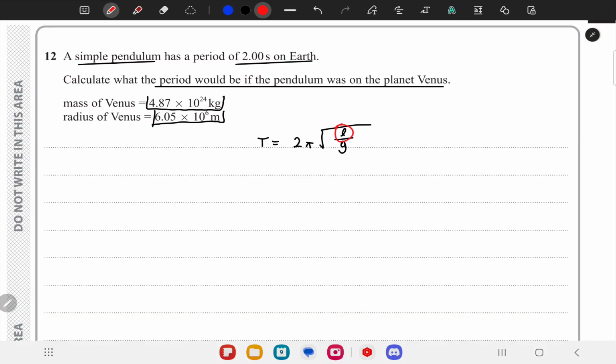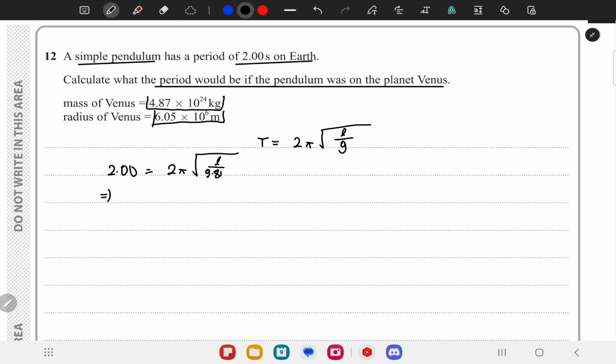Now we don't know the length at first, but we know the time period at Earth and the gravitational field strength of Earth. So the time period 2 seconds will be equal to twice pi root over the length divided by 9.81.